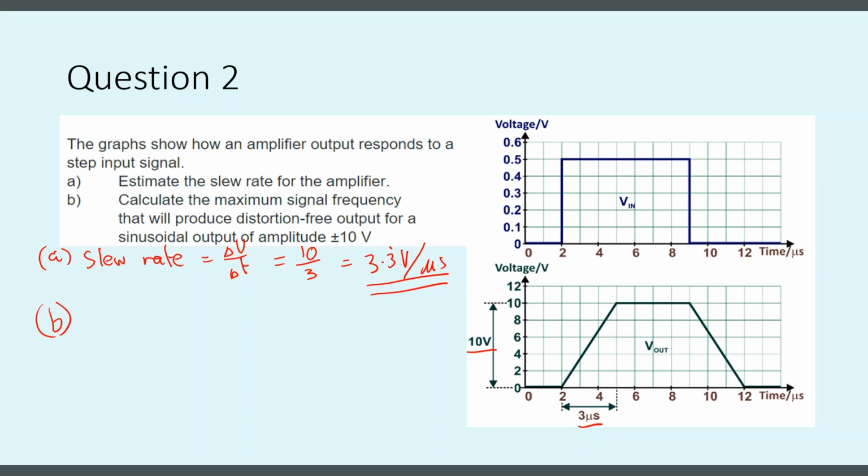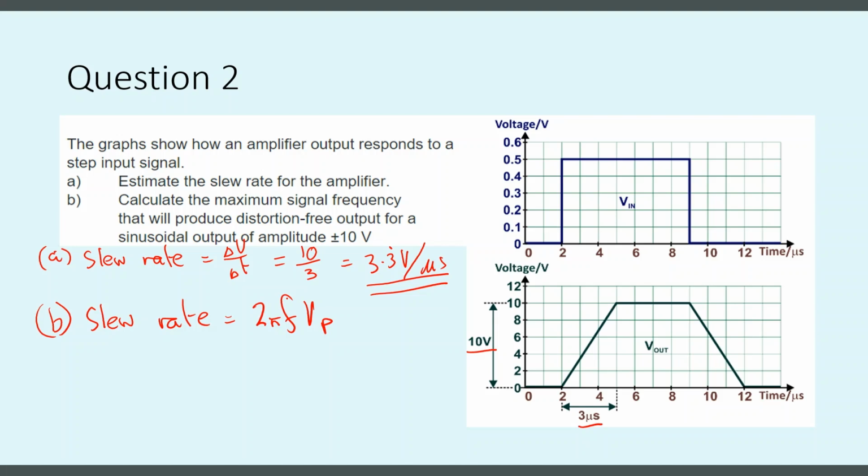Part B, calculate the maximum signal frequency that will produce a distortion-free output for a sinusoidal output of amplitude plus or minus 10 volts. Well, we know that the slew rate, so this is the other equation we looked at with slew rate, to avoid distortion was 2 pi times f times the peak frequency, which is 10.